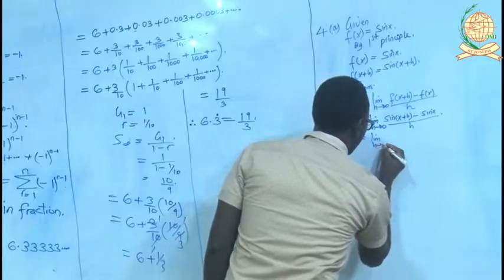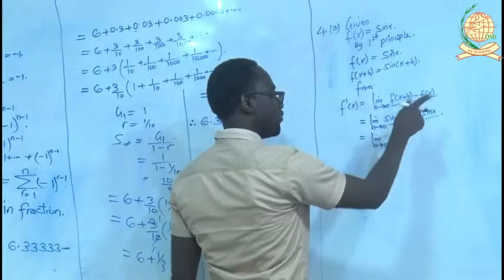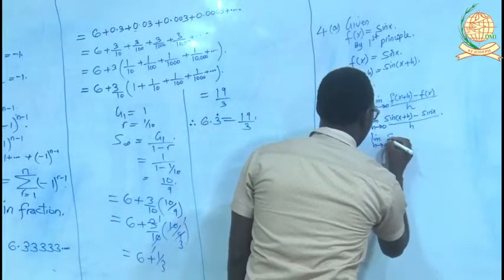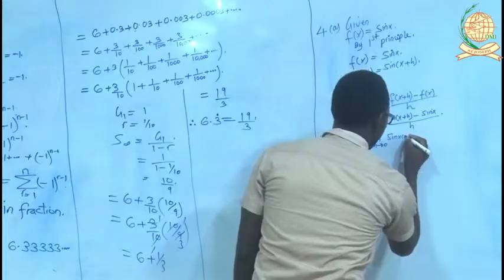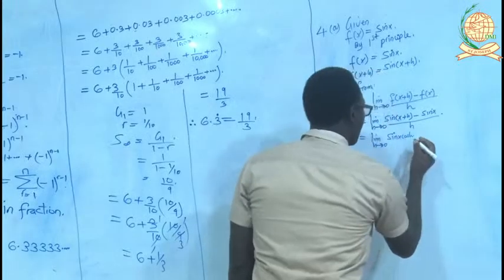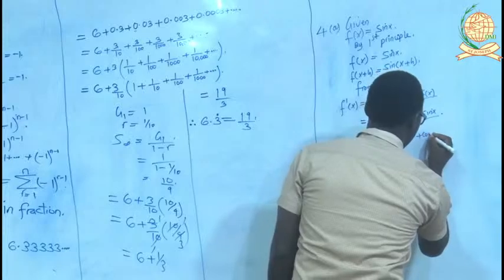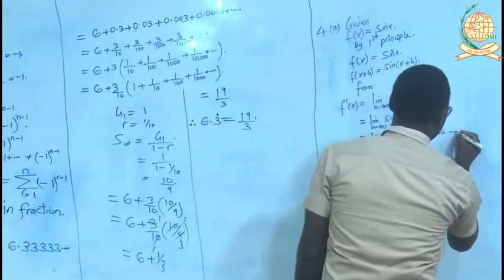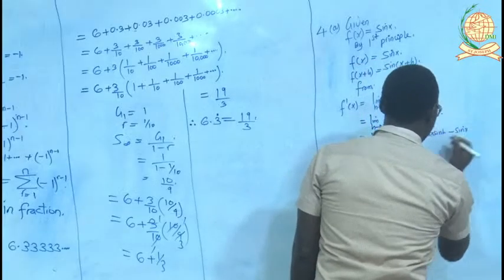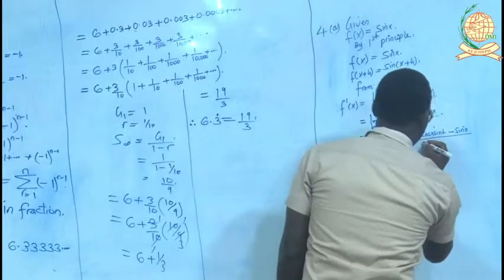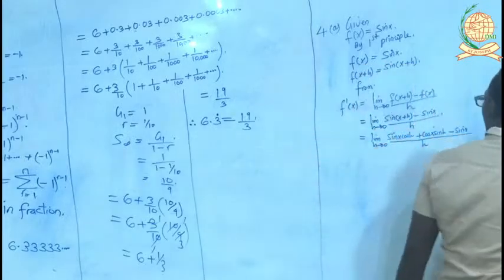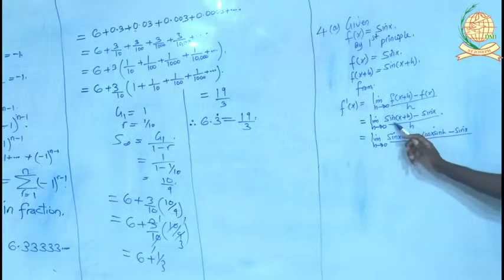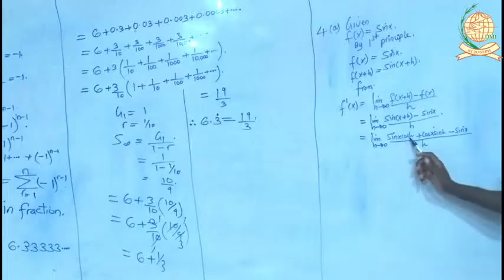We know it is limit h goes to 0, sine of x plus h is given as sine x cos h plus cos x sine h, then minus sine x over h. Yeah, the definition of sine of x plus h is equal to sine x cos h plus cos x sine h.